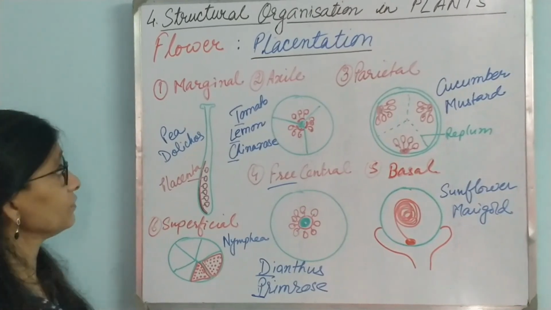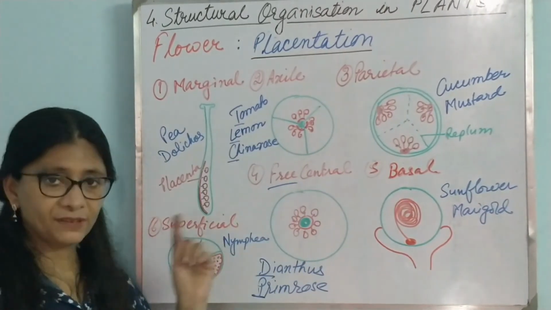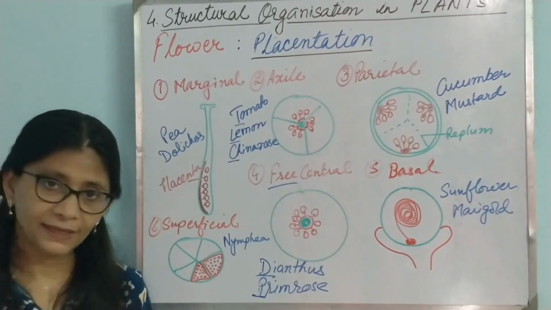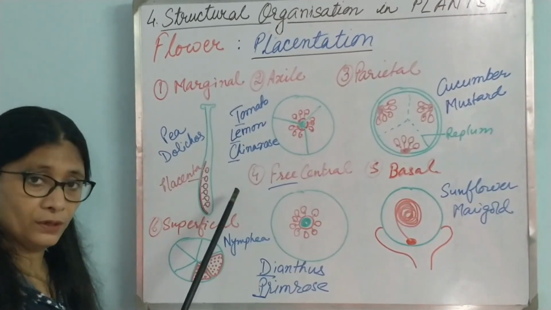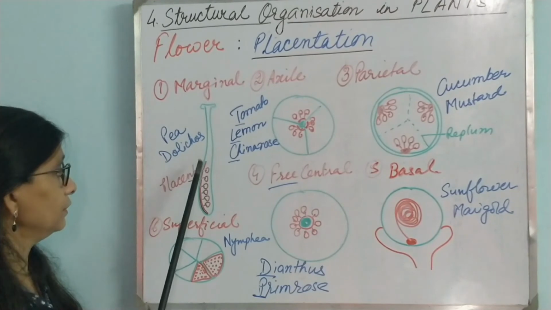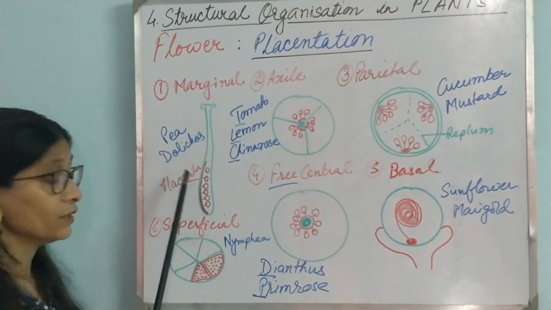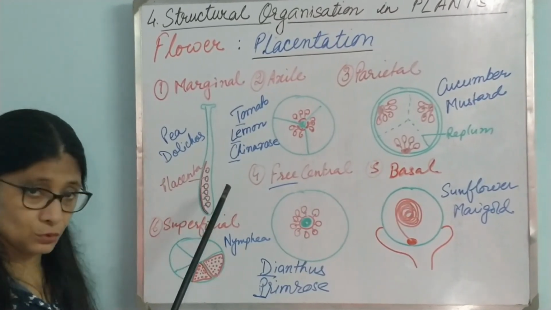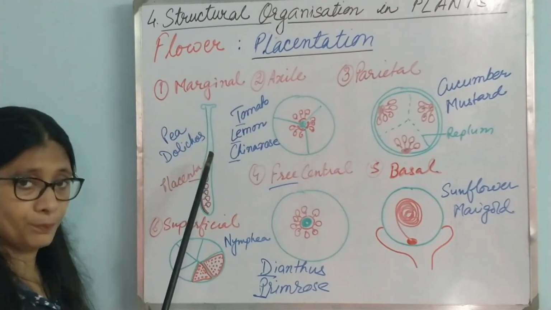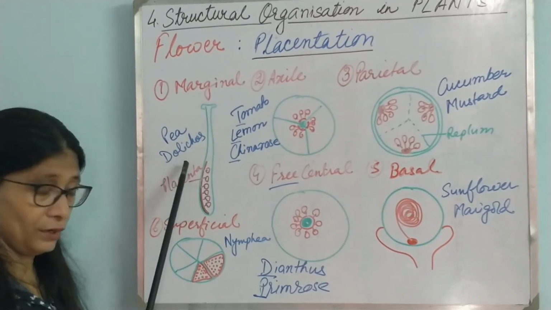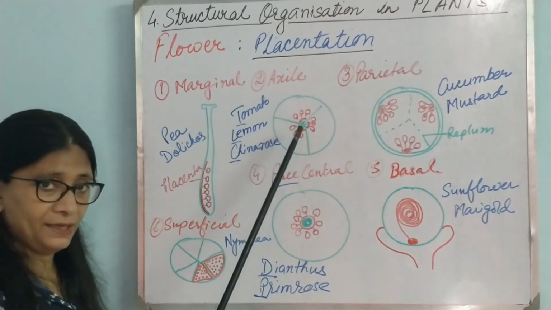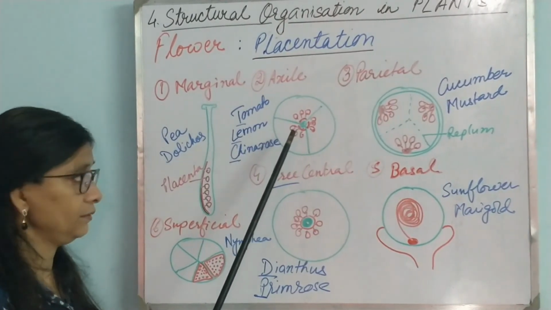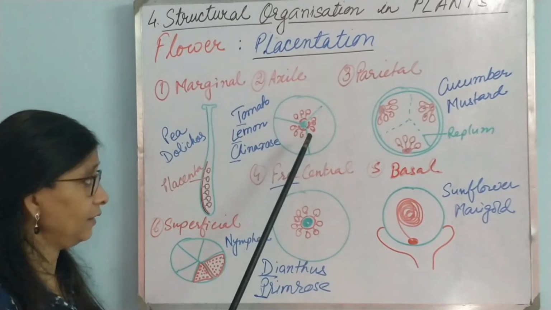So this is all about placentation. We have 6 kinds of placentation. Let us recap. Number 1 is marginal. It is found in unilocular ovary, and the placenta is arranged on the margin, which is known as ventral suture. This kind of placentation is found in pea and dolichos. Then we have axile, where the ovary is multilocular and the septa are there.